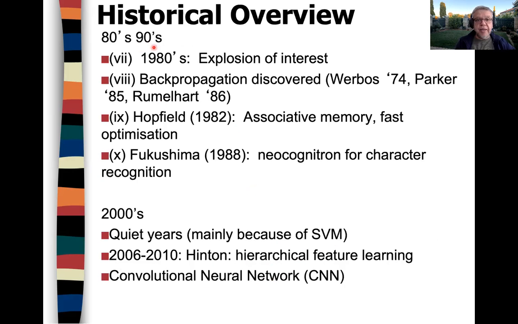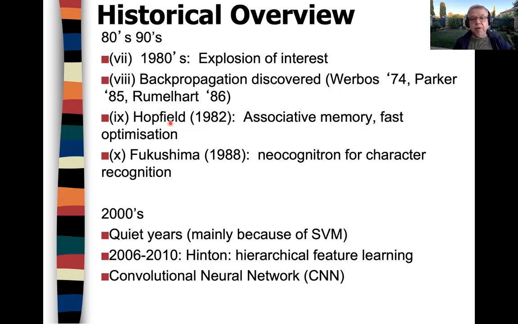In the 80s, there was again an explosion of interest. Backpropagation was discovered. It started a little bit with Werbos, Parker, and then Rumelhart in 1986 came up with, or discovered, backpropagation. As we're going to see, backpropagation is an algorithm that is used to adjust your weights, to change them. And then in 1982, Hopfield came up with associative memory and fast optimization.